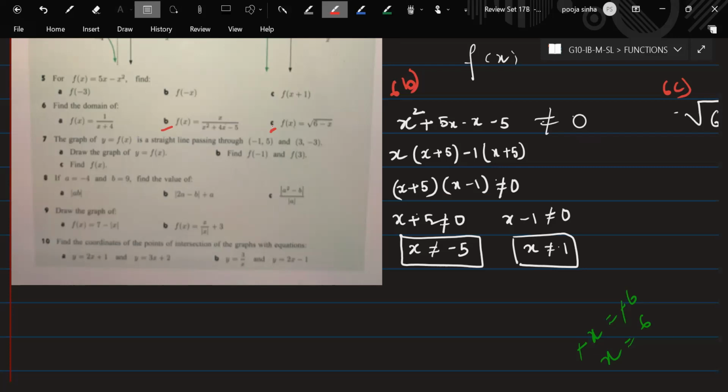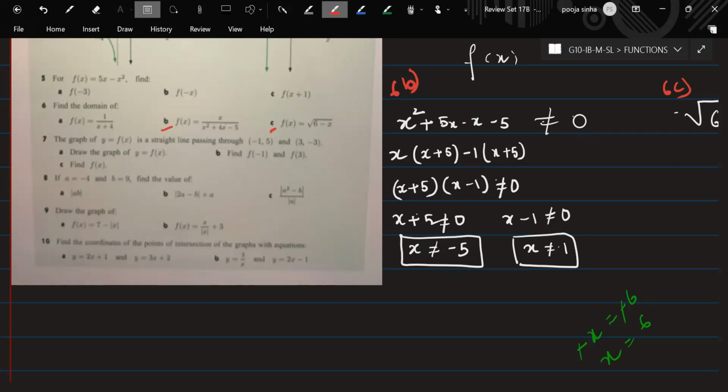Wait, miss, how do you get x square plus 5x minus x? Splitting the middle term. You have to do that straight away. No, the first rule is the denominator. To find the domain, I know that a variable is in the denominator and that denominator cannot be 0.